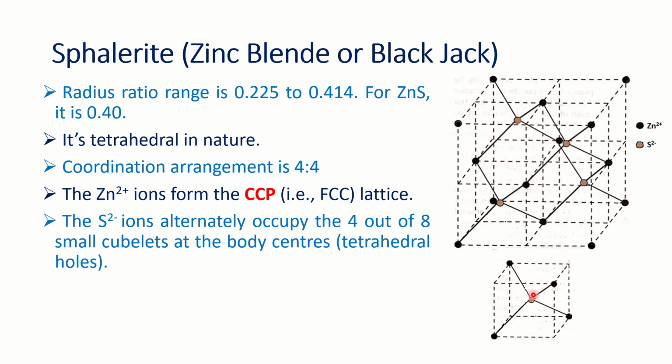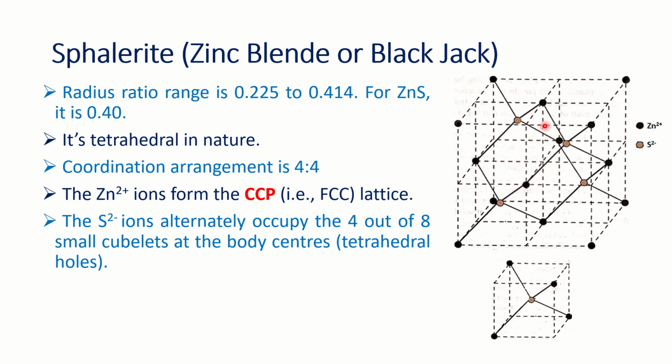So exactly the small cubelets look like methane, but all the cubelets do not look like this, because this small cubelet has a body center occupied by sulfide, but the next one is not occupied. This one is occupied, but the next one is not occupied.